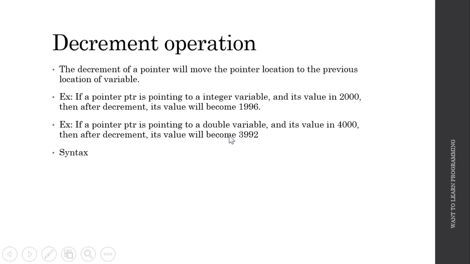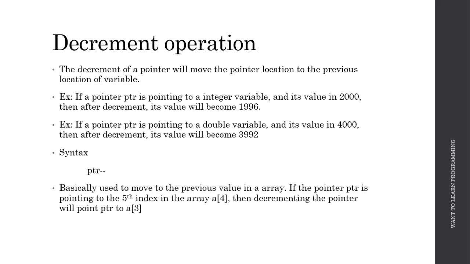So the syntax for decrement operator is the same, that is ptr minus minus. Basically, this is used to move to the previous value of the array. If a pointer ptr is pointing towards the fifth index in the array a of 4, then decrementing the pointer will move the pointer location to a of 3. That is one step behind.